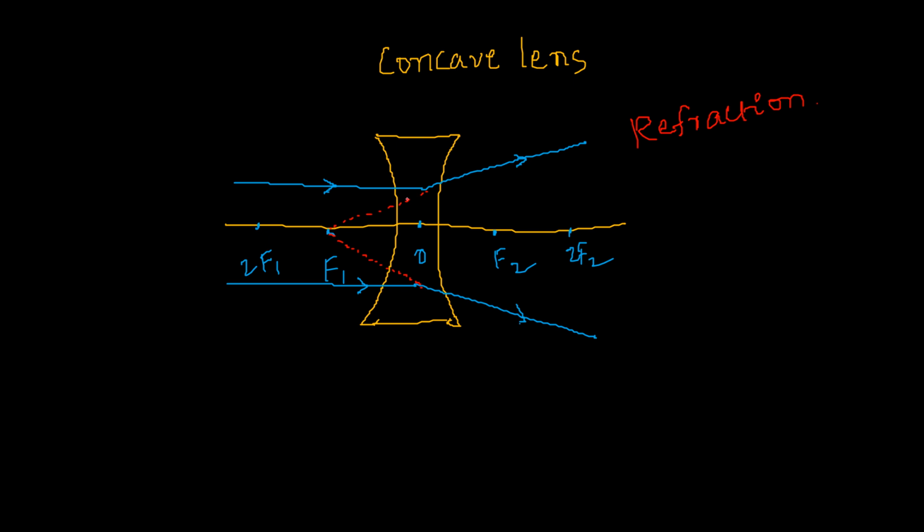For our convenience and better understanding, for drawing the diagram, we are drawing it this way, because it is thinner at the middle and thicker at the edges. These are the edges, thicker, and here it is thinner, very small.